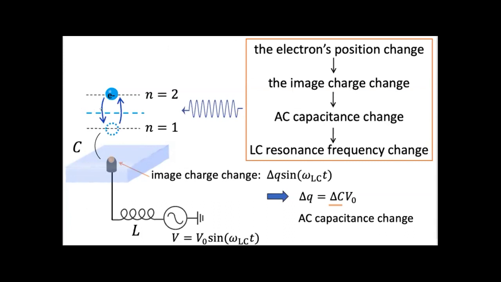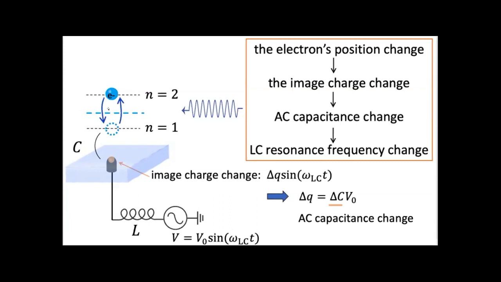The average position of the electron over time is in the middle of the ground state and first excited state. Now we apply an AC voltage to this LC circuit, whose frequency is almost equal to the LC resonance frequency, and we can get an AC voltage drop here.